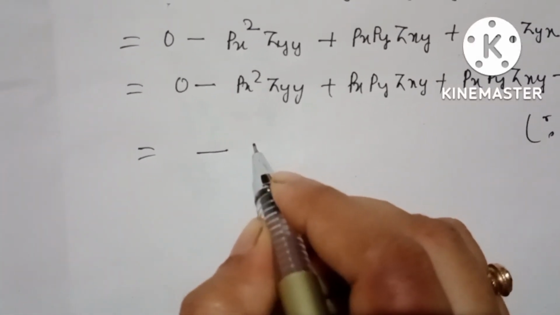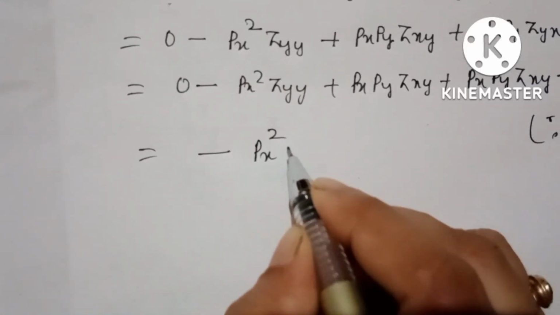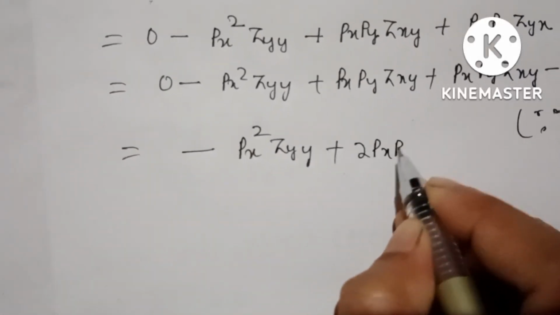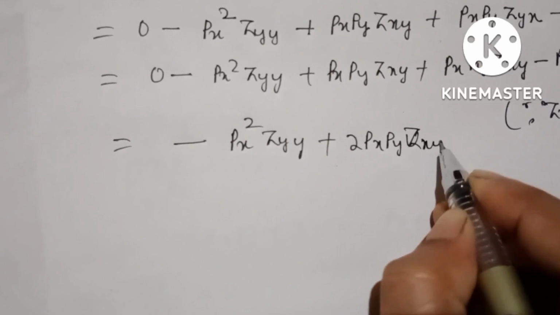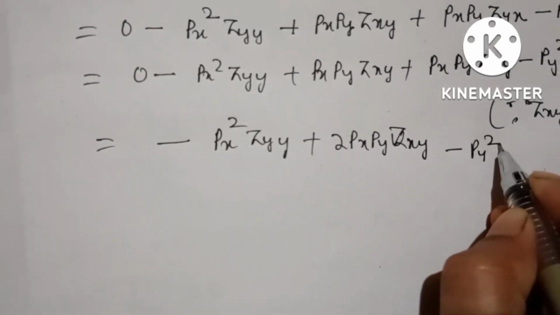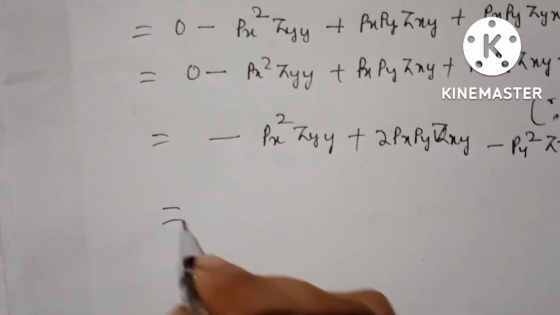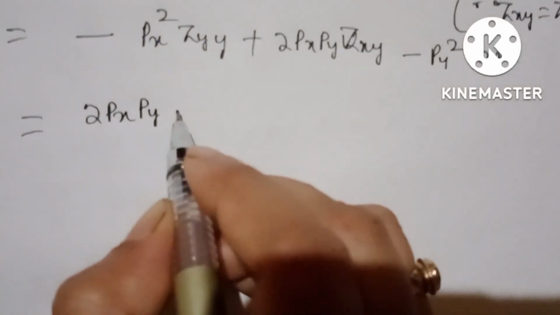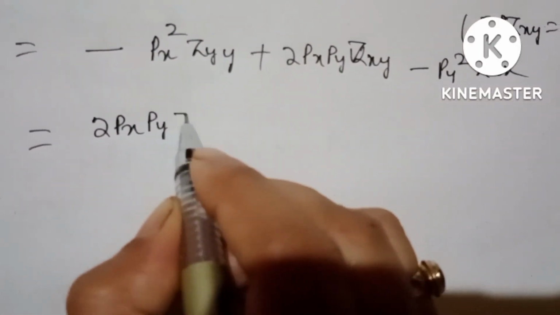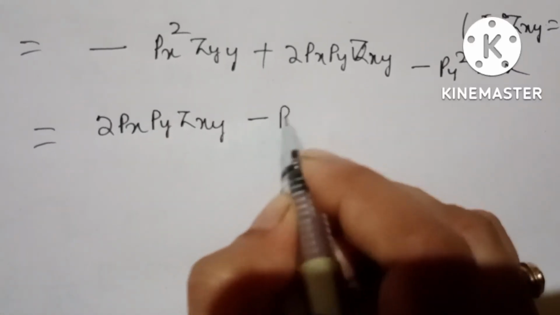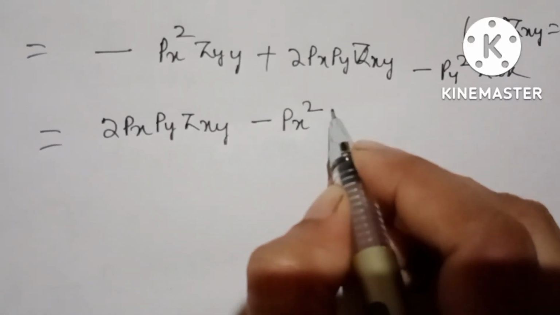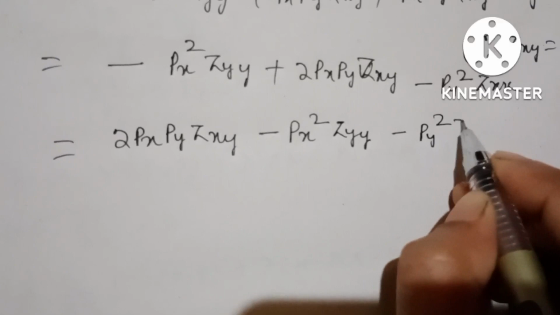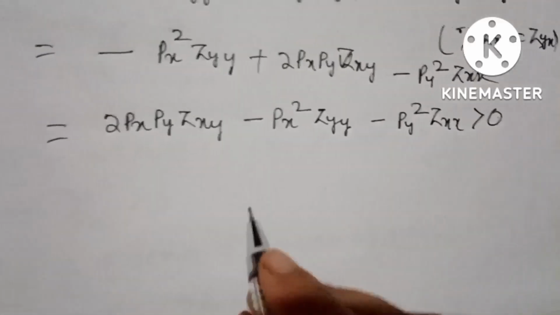So this becomes minus px square zyy plus 2 px py zxy minus py square zxx. So this equals 2 px py zxy minus px square zyy minus py square zxx, which is greater than 0.